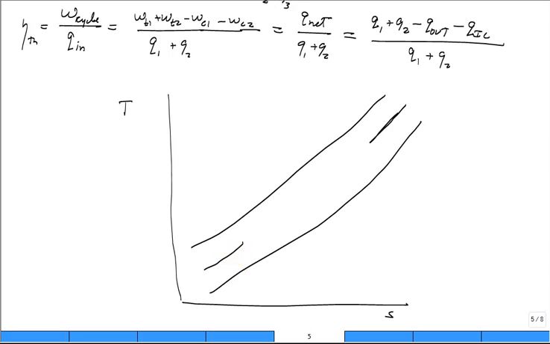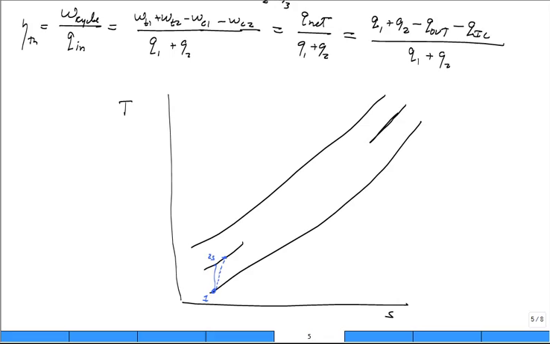We'll start off with state 1 right here, and we compress isentropically to state 2s. Let's say I have some efficiency, there's 2 actual. It goes into the intercooler.